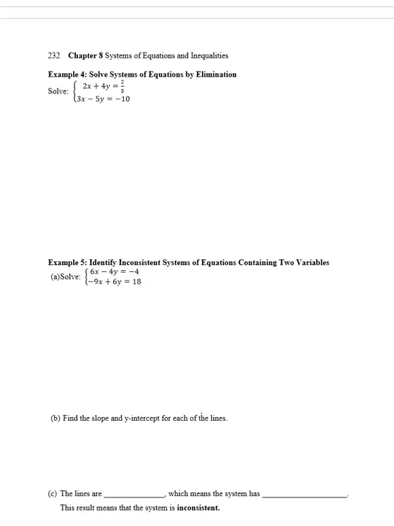So on that example on the previous page, it was fairly simple. We only had to multiply one of the two equations. This one is a little more complicated. We're going to have to multiply both of them. But first, I want to get rid of this 2/3 fraction in the first equation.